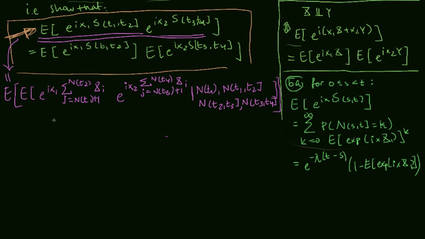Okay, so I'm taking the expectation of the stuff that's in here, right? And the stochastic stuff, what's the random stuff? Well, the random stuff is that the claim number at time t1 or the increment from time t1 to t2 and so on is random. I don't know which value this takes or this takes or this takes or this takes.